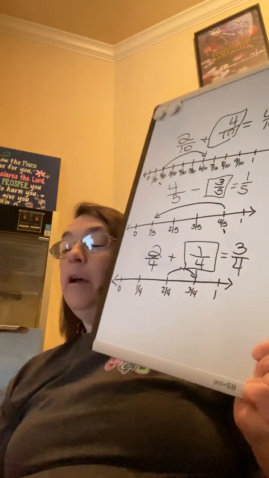All right. If you don't have your book, I'm going to write the next one on the board. If you do have the pages, go ahead and do number 8. Go ahead and do number 8.